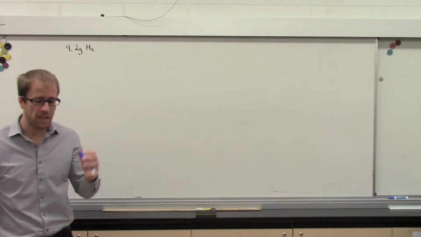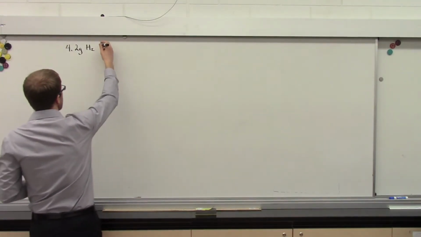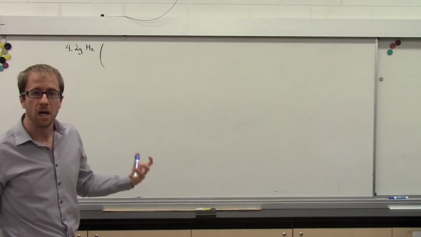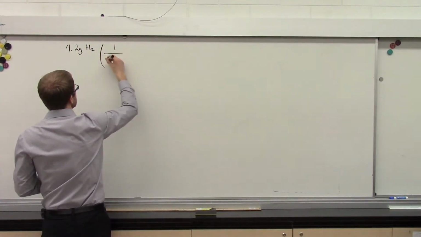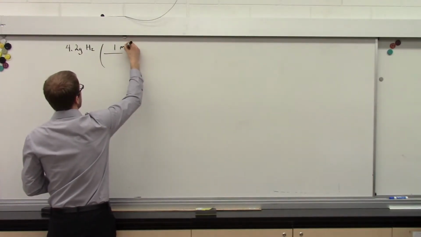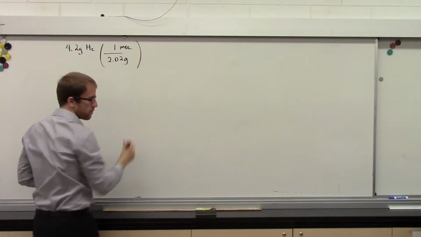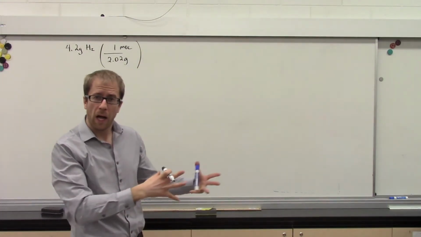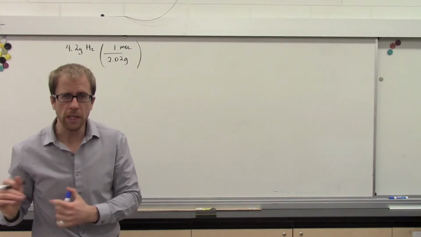So how do we convert this into moles? Well, we need to divide this by the molar mass. What is the molar mass of hydrogen? The molar mass of hydrogen gas is, for every 1 mole, there is 2.02 grams. And let's explore now, how do we convert from moles to liters?